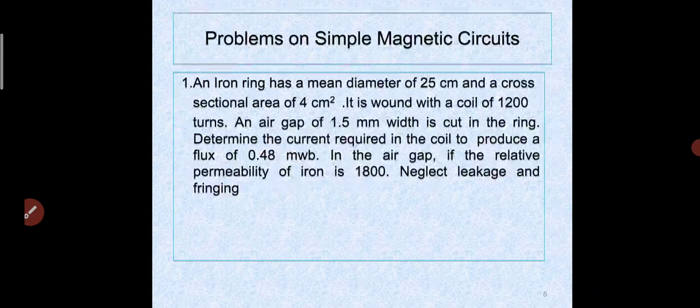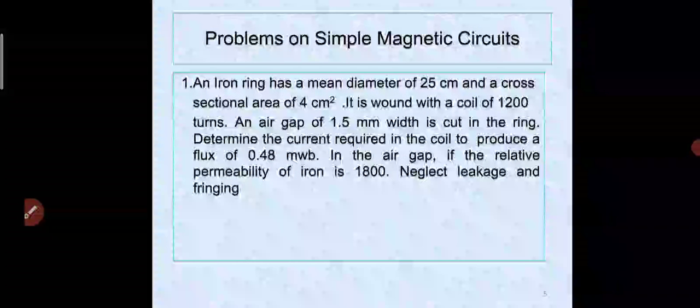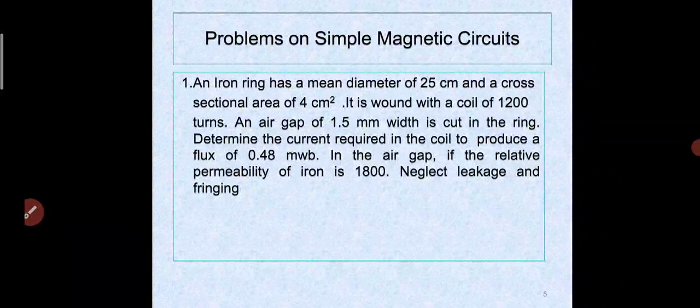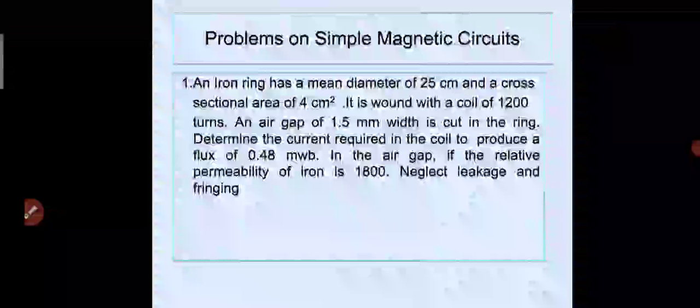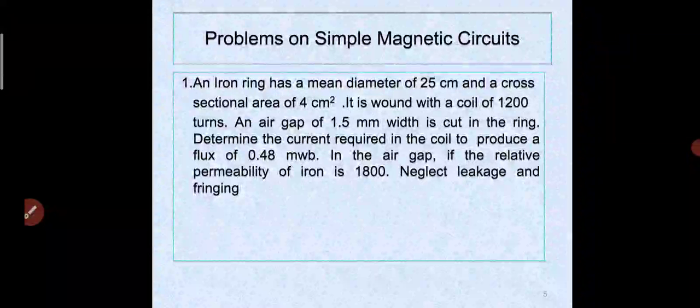Okay, write down the problem. An iron ring has mean diameter 25 centimeters and a cross sectional area of 4 centimeter square. It is wound with a coil of 1200 turns. An air gap of 1.5 mm width is cut in the ring.